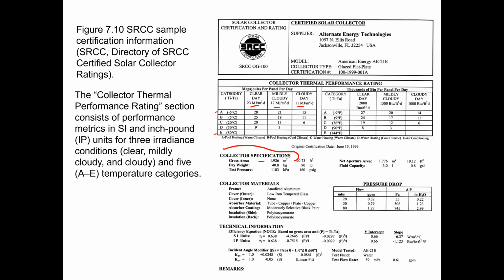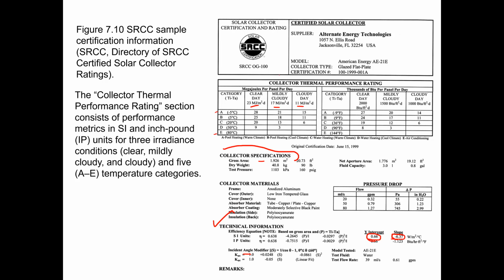And if you go down to the technical specifications, it'll give you the incident angle modifiers, as well as the y-intercept and the slope for the efficiency equations that we were just looking at before. That data is very important for analyzing how that specific solar collector will work for your application.